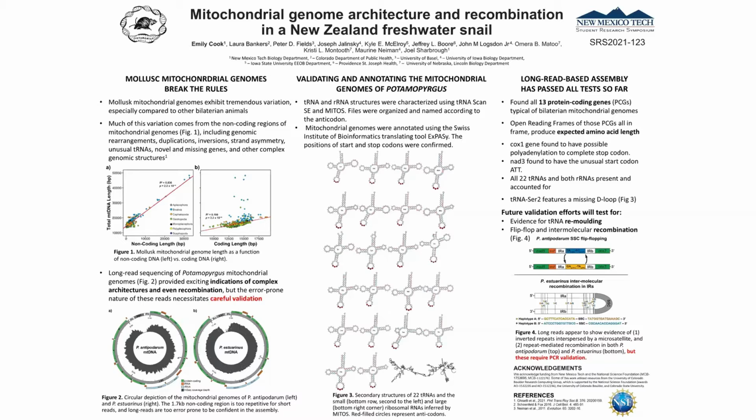So the need for this additional validation on already existing data arises from the fact that mitochondrial genomes in mollusks are notably complex, and this does not exclude these freshwater snails. So these complexities can include inverted repeats, strand asymmetry, and unusual tRNAs. And you can actually see one of the unusual tRNAs in figure 3 below.